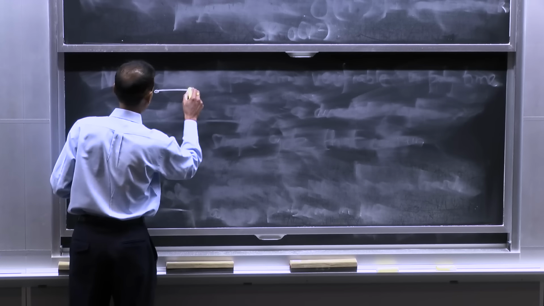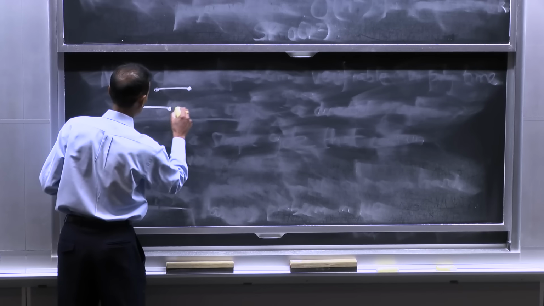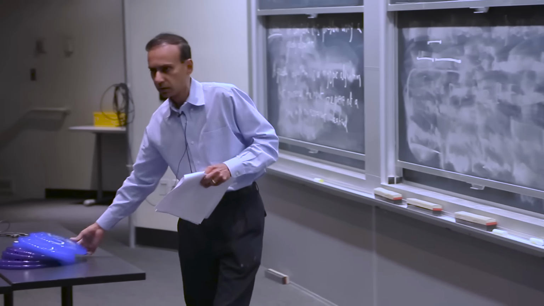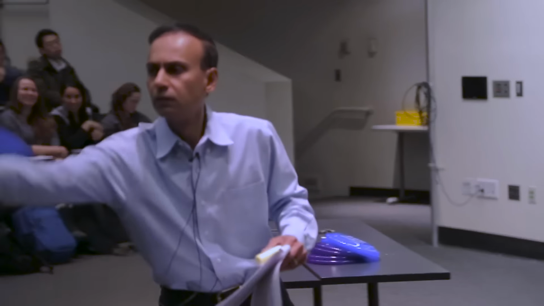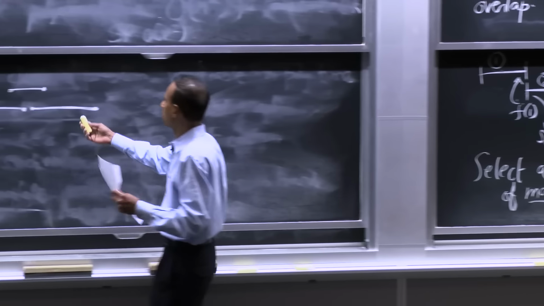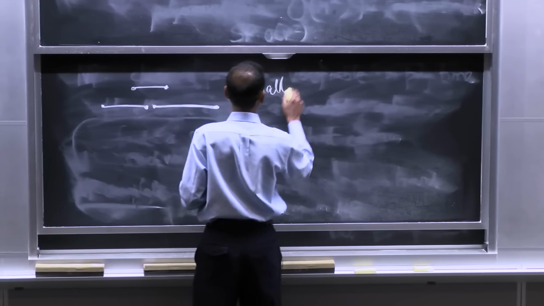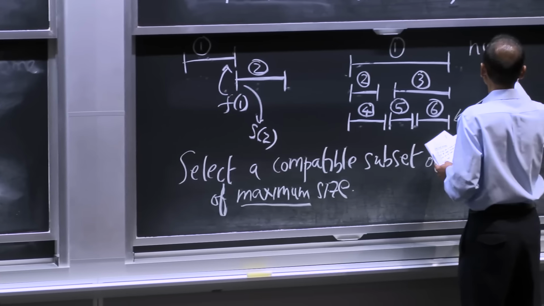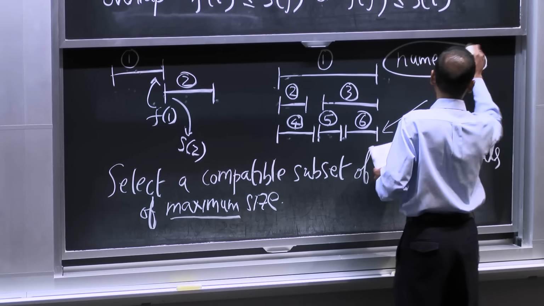But this is, I think, what you were thinking about. There you go, right? So you get one. So that clearly doesn't work. So this one was smallest. Doesn't work. The suggestion here was numeric. Doesn't work.